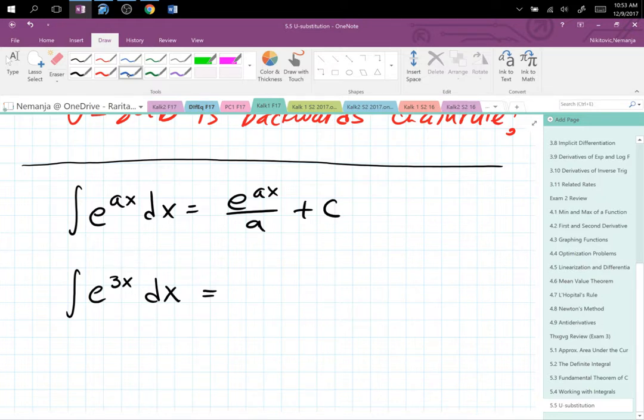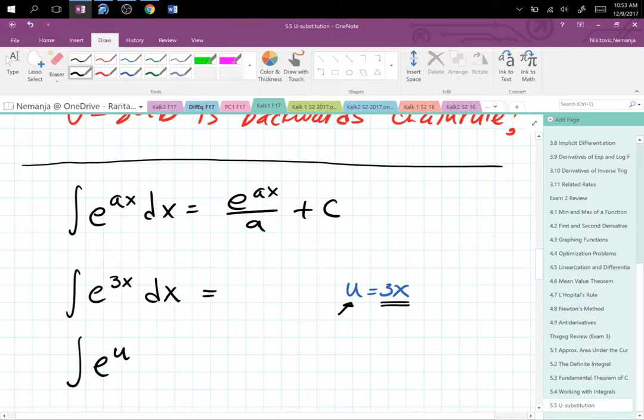So you say u equals 3x, because that is going to create integral e to the u. That's why I want to remove the 3x and put a single variable instead, so that I can get situations that I can integrate like this. That's the goal of the whole thing.